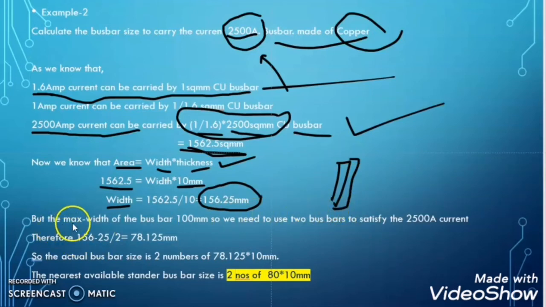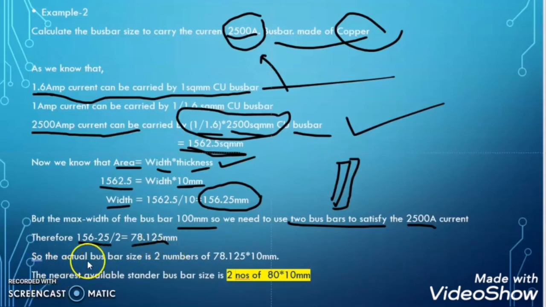So what we will do, as I wrote here, the maximum width of the bus bar is 100 mm. So we need to use two bus bars to satisfy this 2500 ampere of current. Therefore we have to divide this. 156.25 divided by 2 is equal to 78.125 mm.